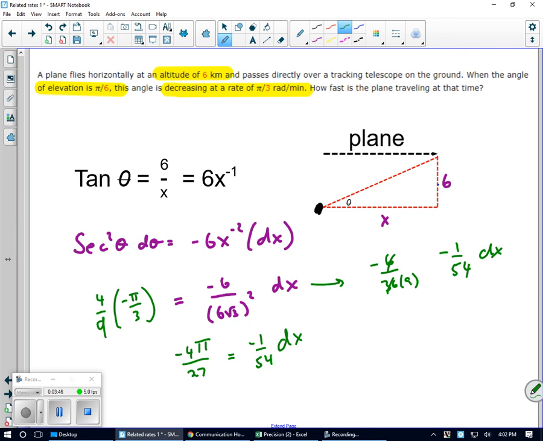And canceling the negative out of both sides and multiplying both sides by 54, cancel the 27 out of both, and I get a 2, which gives me 8 pi. So that's how fast the plane is traveling at that time. Hope that helps.